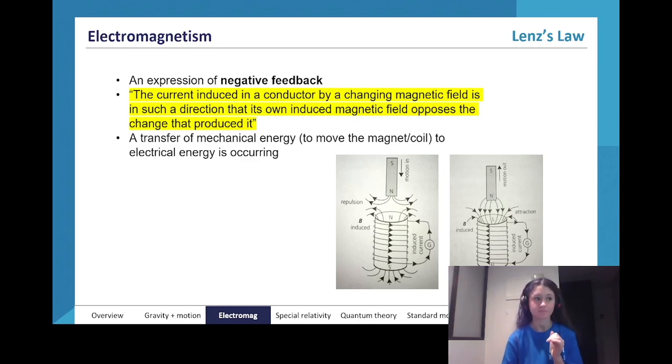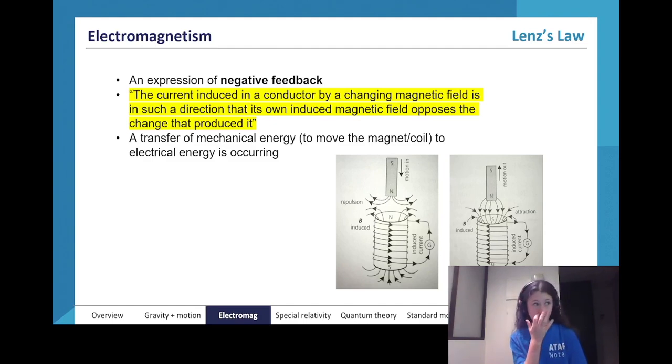But how I thought about it was the current was being petty. I was trying to generate this current using my own magnetic field, and then the current that I was inducing was being like, I refuse this. I refuse this magnetic field that you're introducing. It was being petty.